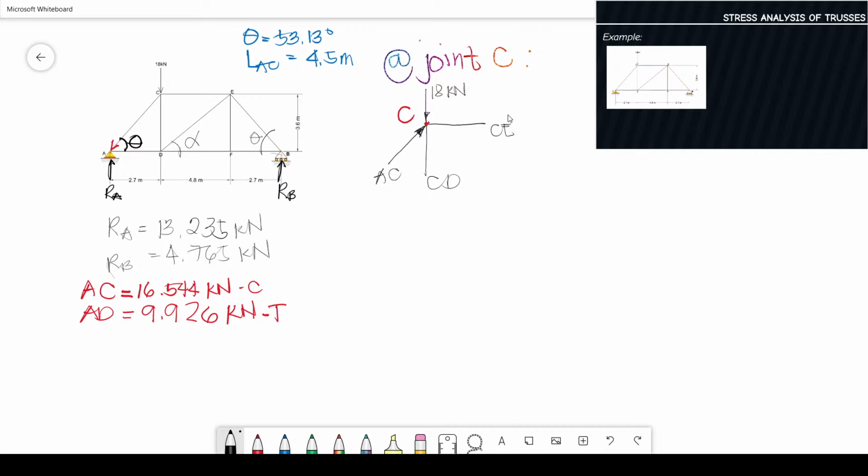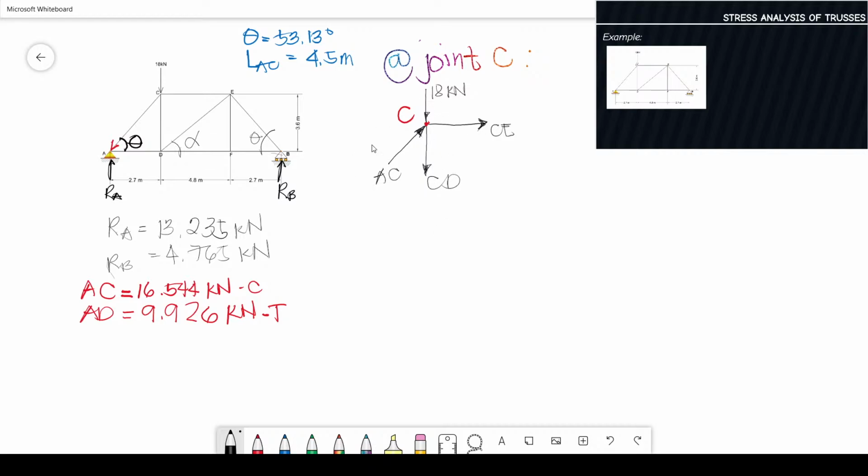Using your magical minds, which way? Since this load is downward, we need an upward one. So let's assume this one as tension. Anyway, if the result is negative, it means we need to reverse the direction of our assumption. This is easier because they are horizontal and this is vertical.